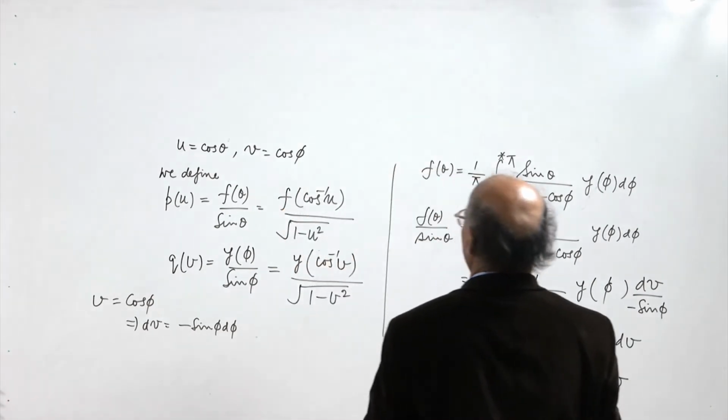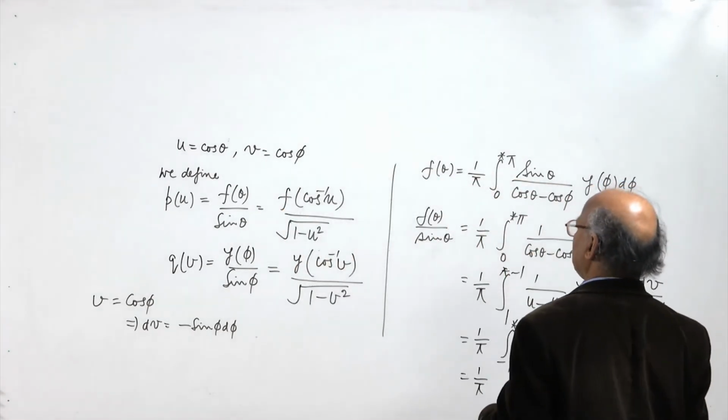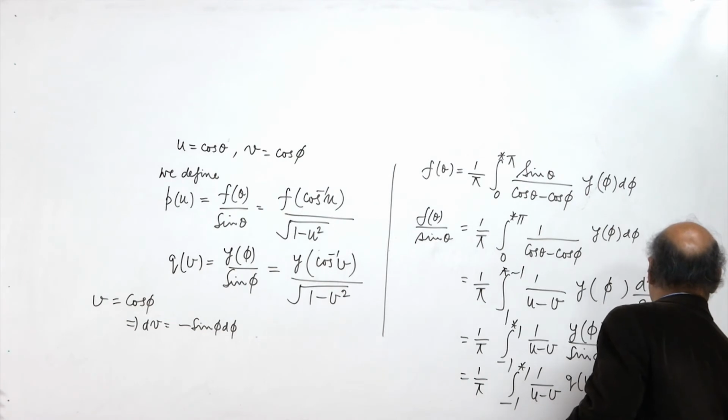And u varies from −1 to 1 because θ varies from 0 to π, so −1 < u < 1.